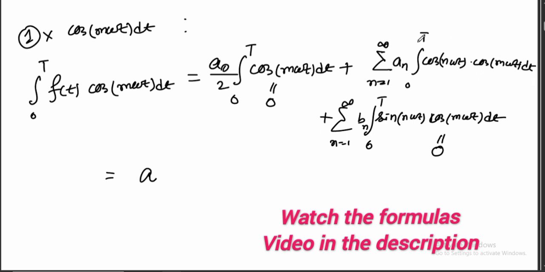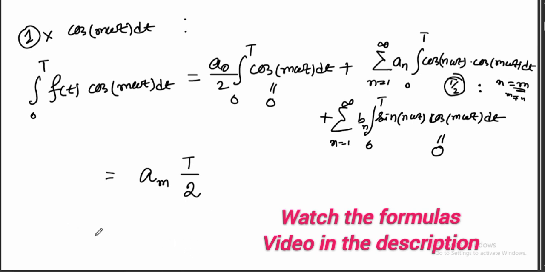this integration, which can only exist when n and m are equal, and then it will give us T by 2. Otherwise this integration will be 0 if m is not equal to n. So for m equals n, our an will be am and the whole integration will give us T by 2.